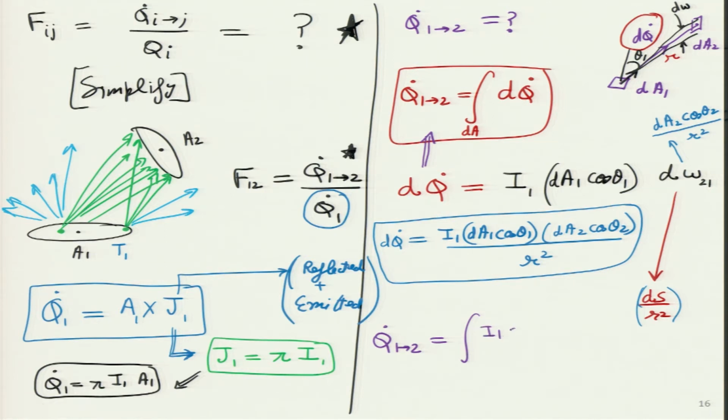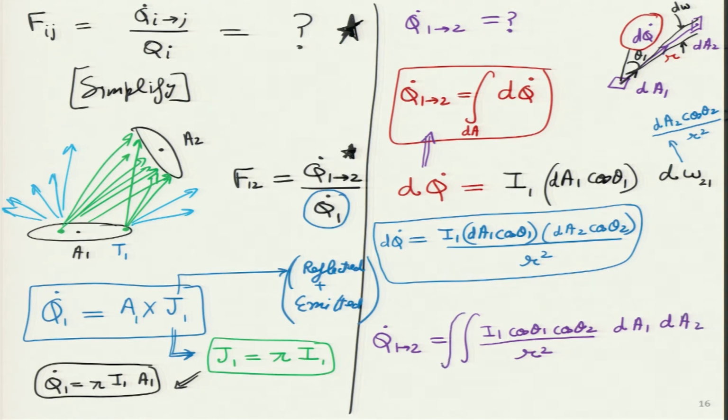I will rearrange it this way, this becomes cos theta 1, cos theta 2, let me erase this part as well, divided by r square, and then I have over here dA1 dA2. So, I have two differential areas, and I will have to integrate twice, once for area A1, and a second time for area A2.